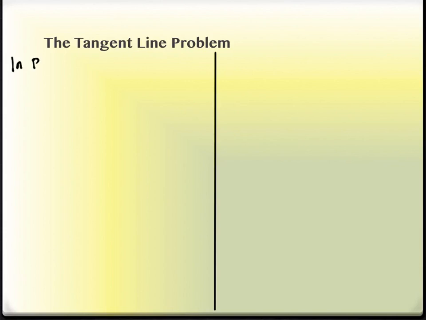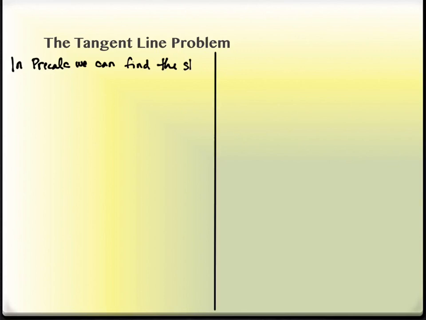Okay, so in pre-calc, we can find the slope of a secant line. Is that big enough for where everybody's reading? Is it okay? Okay.